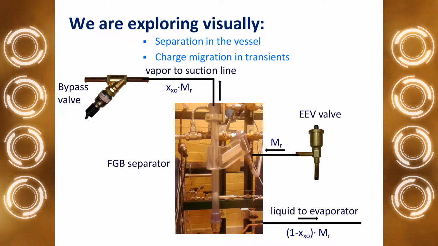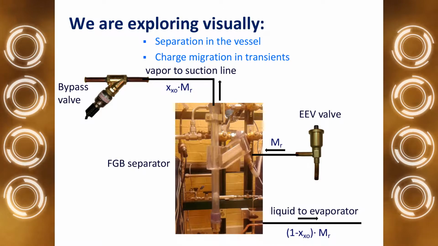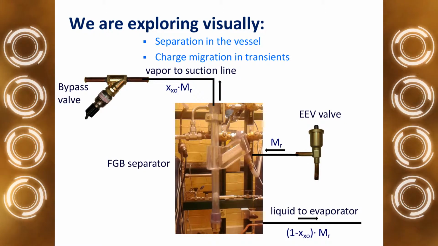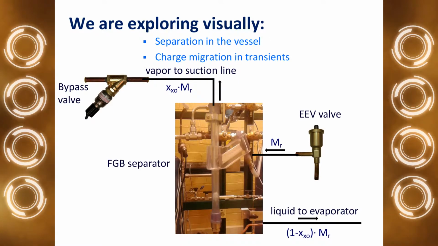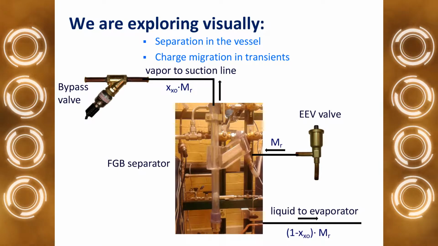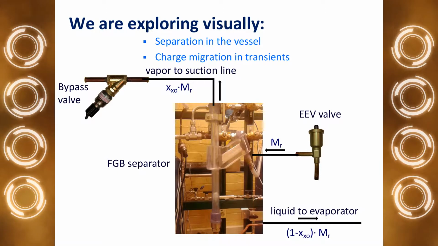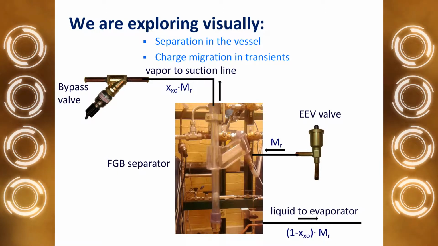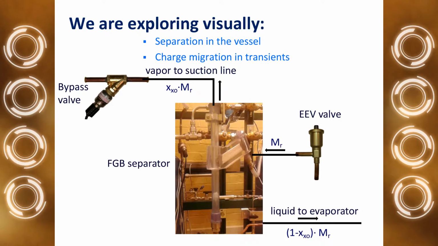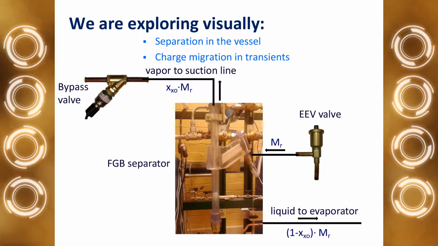So what we are actually doing, and what FGB actually is, you can see here on this graph. From the expansion valve you have a total mass flow which goes to this FGB separator. Then you have vapor which goes, with quality multiplied by total mass flow, through the bypass valve to the internal heat exchanger and then to the suction line of the compressor.